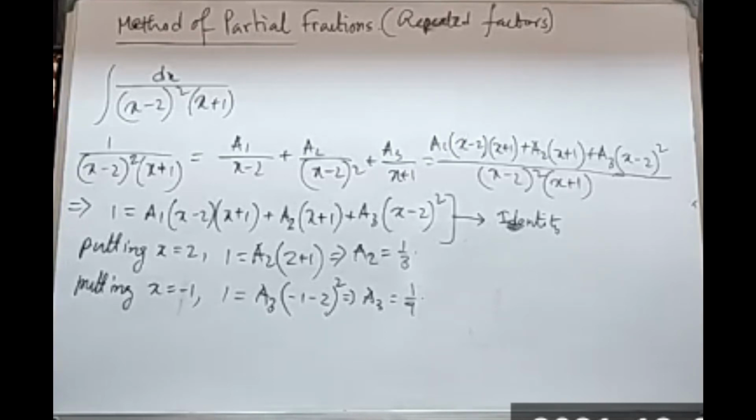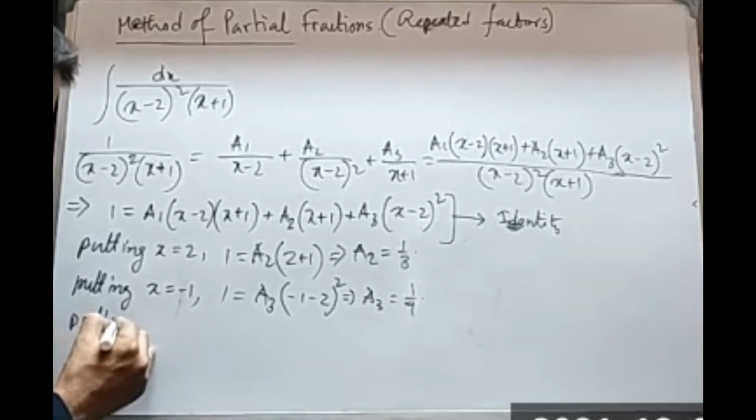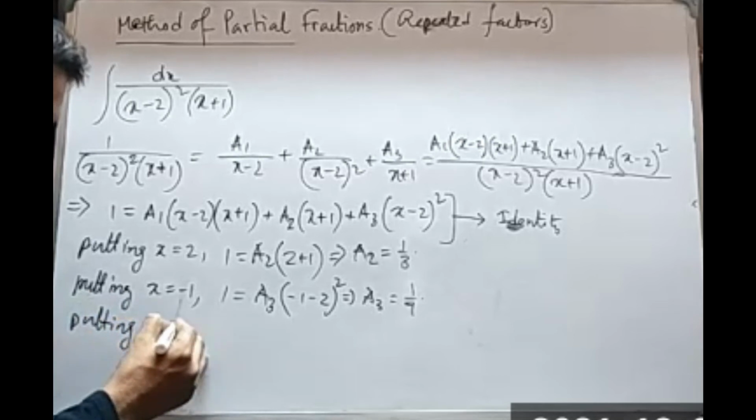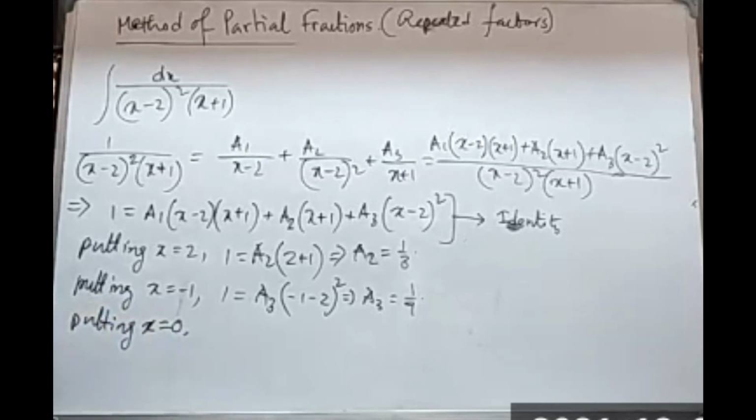So we need to take some other value here to find the value of A1. And the simplest value will be to take x equal to 0 here. Any other value we can put, but for simplicity, we are taking x equals 0.